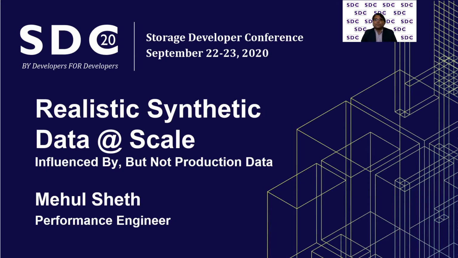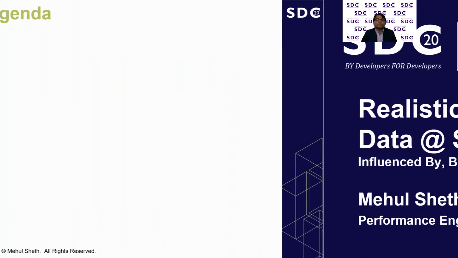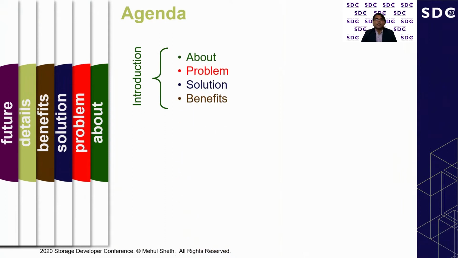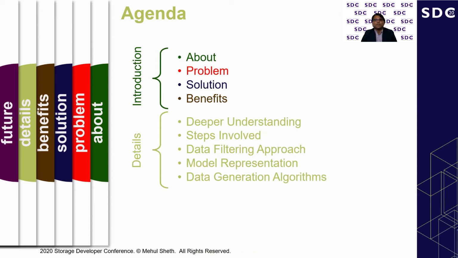The agenda for this session will be as follows. I will give a quick introduction of myself, the problems we had to solve, solutions that worked, and the benefits we got at a very high level. Then I will jump into the details of the implementation, where I will give you a better context of the requirements and criteria, how I broke the problem into smaller steps.